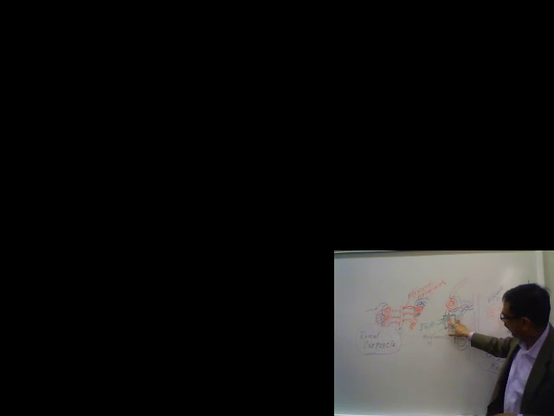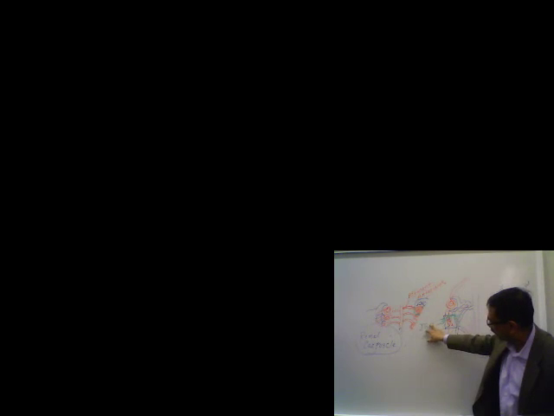So, two types of cells in those two structures. Only in this part, not in other parts. Only where they come close to each other, that's the juxtaglomerular apparatus. In the arteriole, you have granular cells. In the tubule, you have the macula densa.